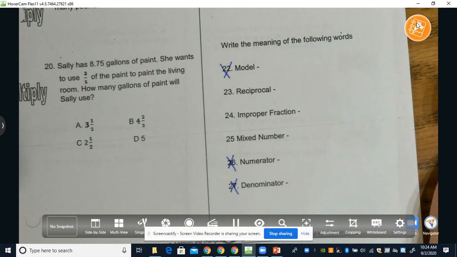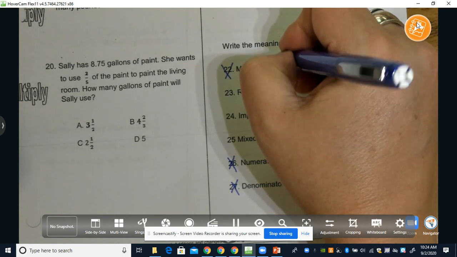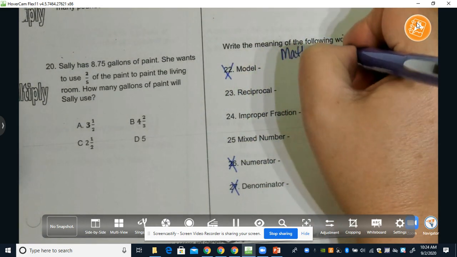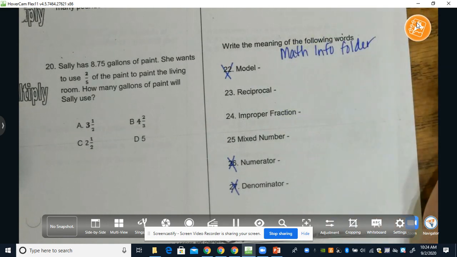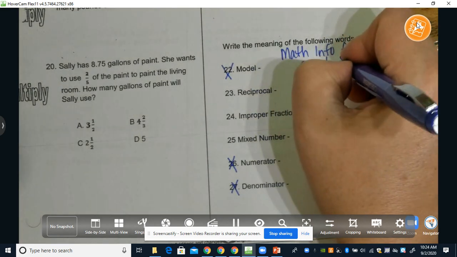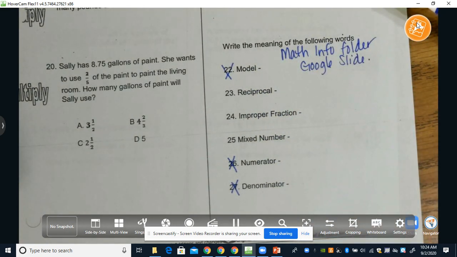And where you can find the meanings of reciprocal, improper fraction, and mixed number, you can find that in your math information folder. So your math info folder, and that's a Google slide. Okay, so you can go through there and you can find that.